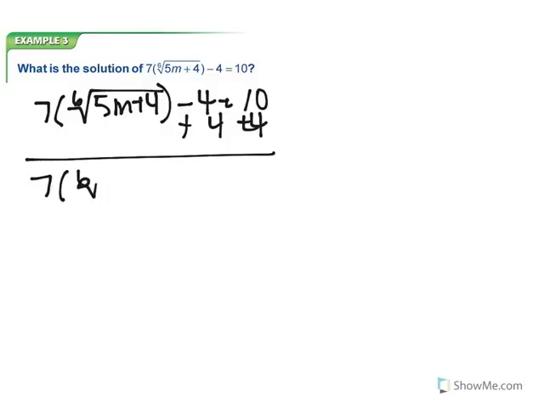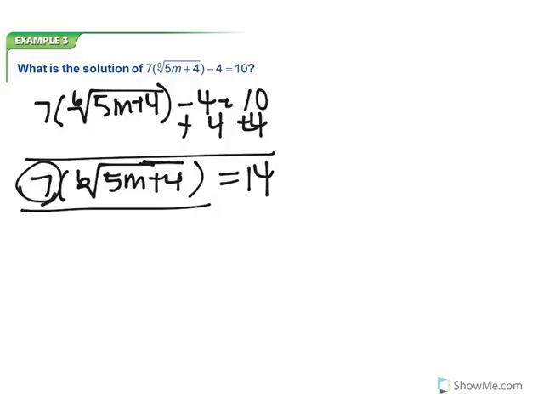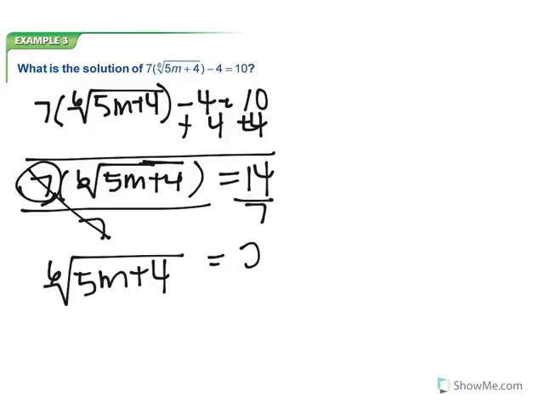And that's going to give us 7 times the 6th root of 5m plus 4 equals 14 on this side. Now we have a 7 times everything in the front, so we're going to divide both sides by 7. And we're going to get the 6th root of 5m plus 4 equals 2.